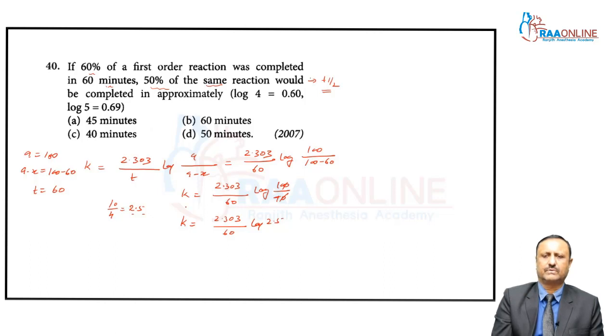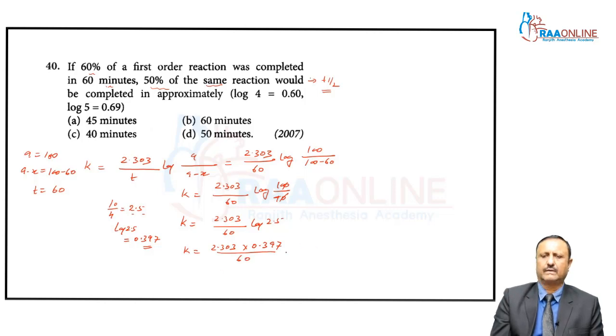My dear students, you can get log 2.5 equal to 0.397. So you can put 0.397: K is equal to 2.303 into 0.397 divided by 60.